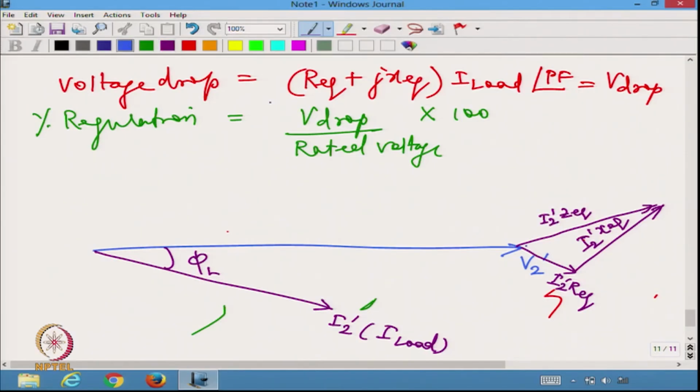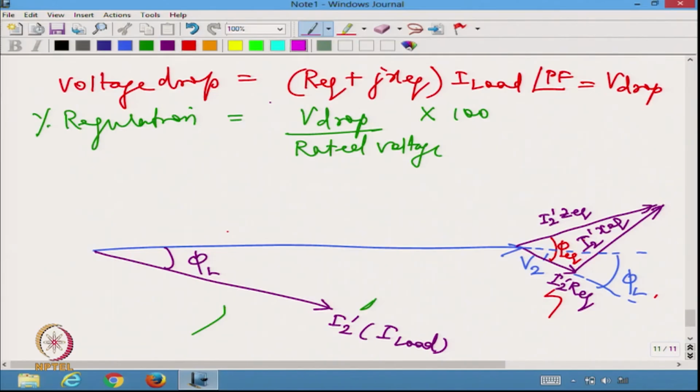If I actually extend this, please note that this angle, if I extend this here, this angle is same as phi L, whereas this entire angle I am going to call as the inherent impedance angle of the transformer, which is phi equivalent.